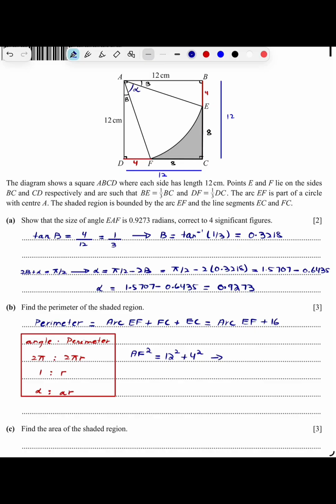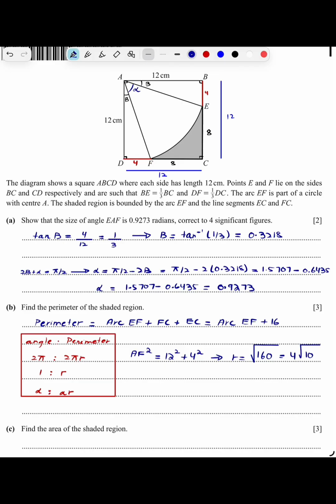So the radius is going to be the square root of 12 squared plus 4 squared, which is the square root of 160. Okay, let's write the square root of 160, or since 4 fours are 16, we can also write this as 4 root 10.